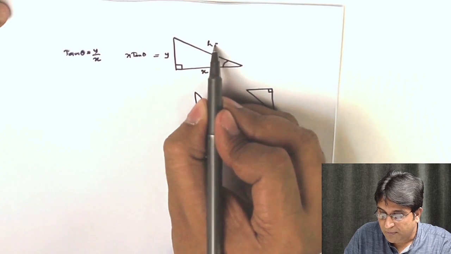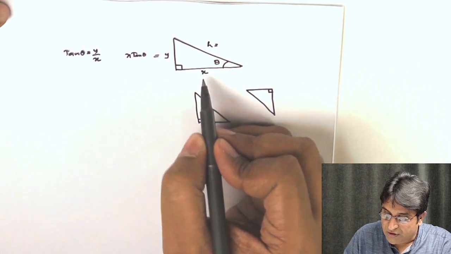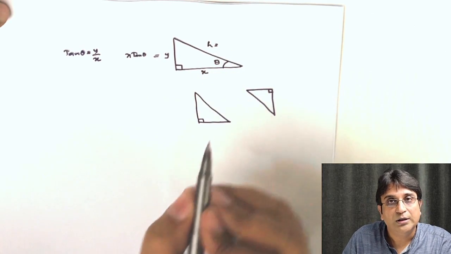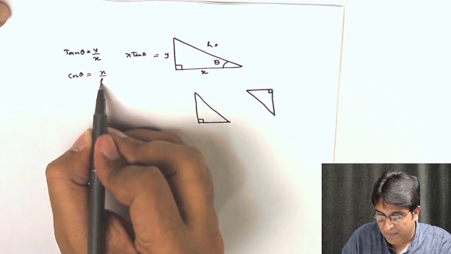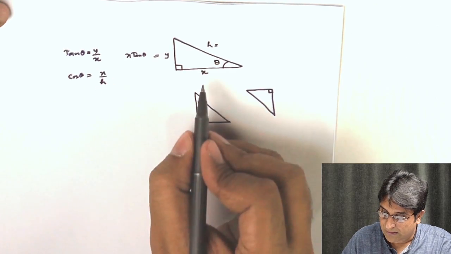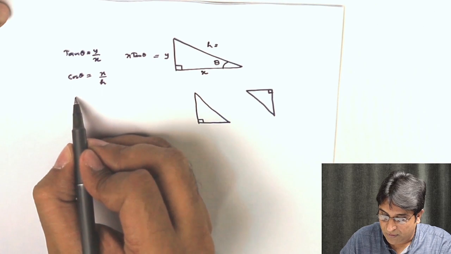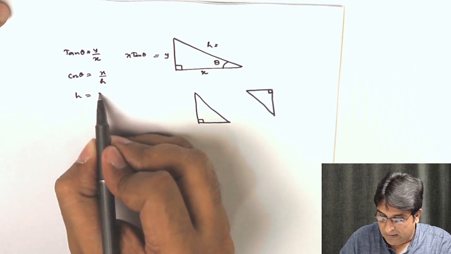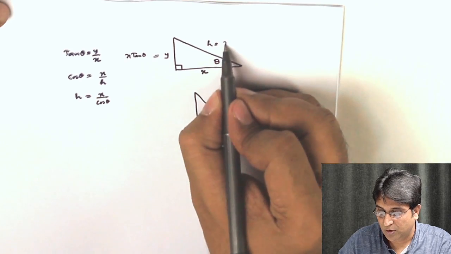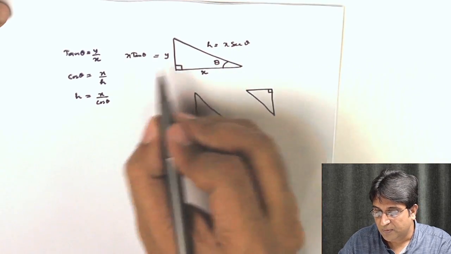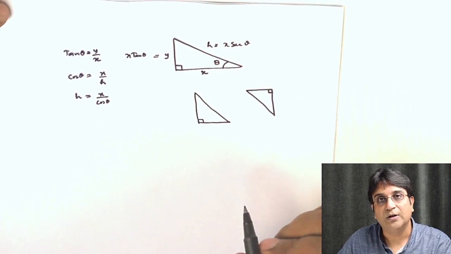Next, if you have to find hypotenuse, adjacent and hypotenuse are involved in cos. So we can use cos theta is adjacent by hypotenuse, right? So what is the hypotenuse? Hypotenuse will be x by cos theta, or x secant theta if you want. So this way I can find all the sides for this triangle.